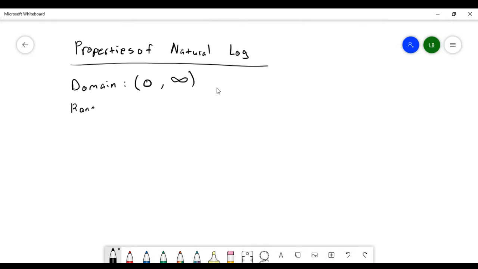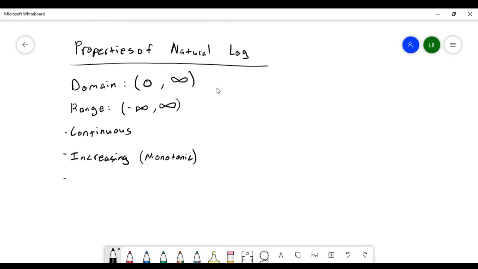The range is all real numbers. It is continuous. It is also increasing, so we could say it's monotonic. And because it is continuous and increasing, we can also say that it is 1-to-1.